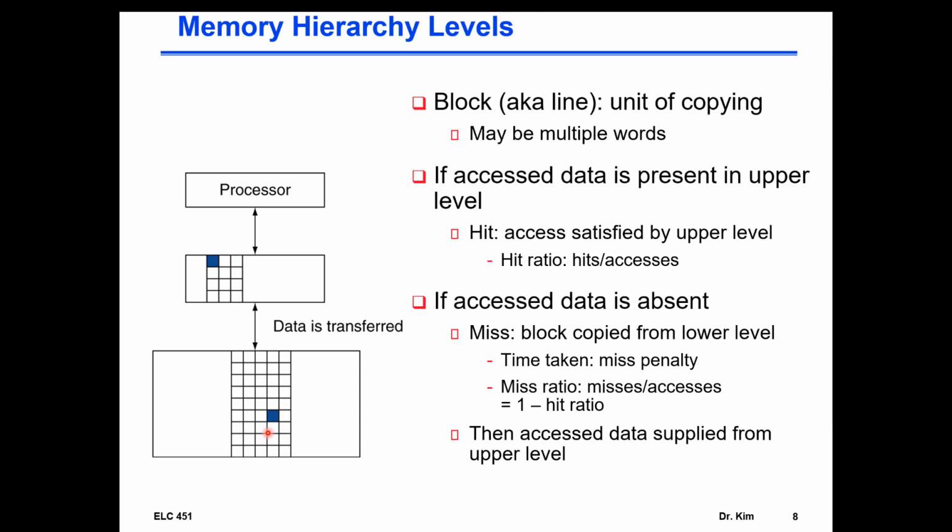So this block of cache here resides in main memory as well as it resides in cache. So now I have to duplicate the storage. So I'm really not gaining storage.